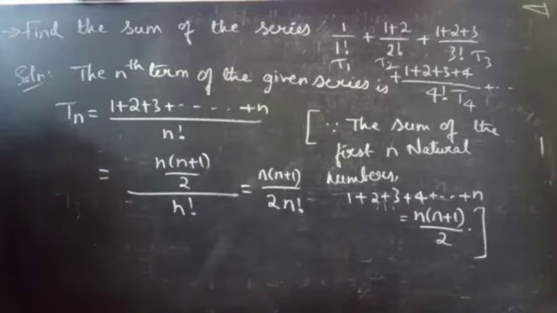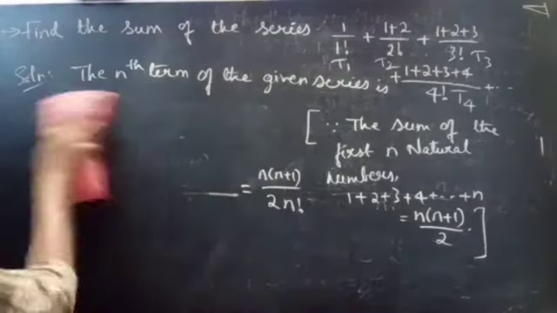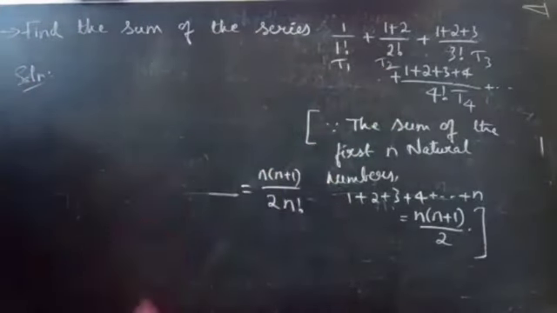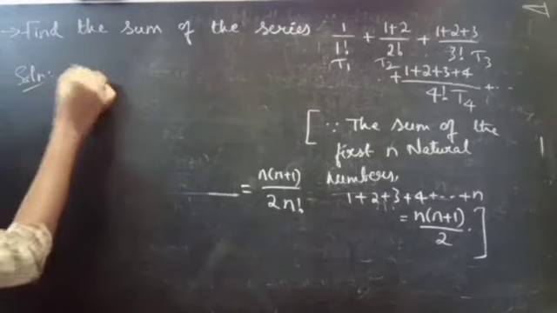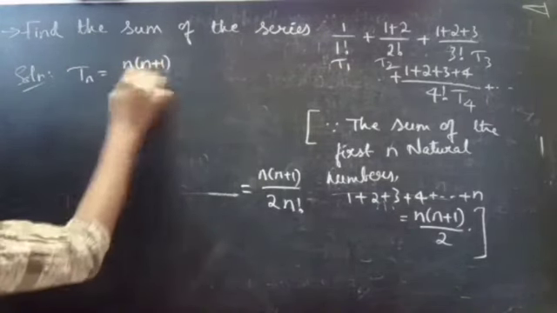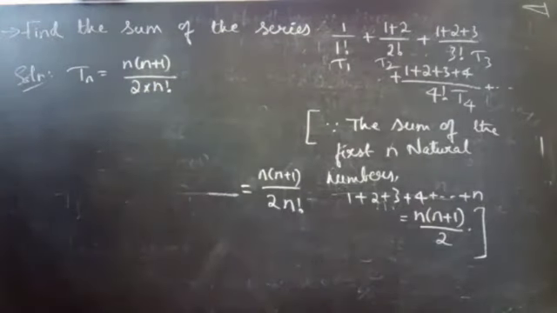Right? So now we are having Tn equals n into n plus 1 by 2 into n factorial.